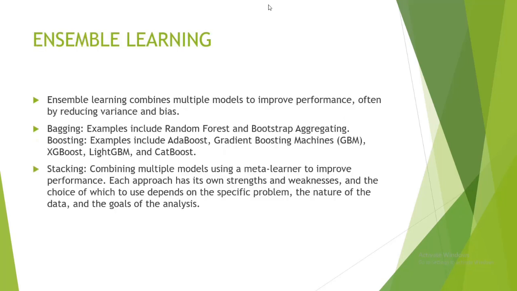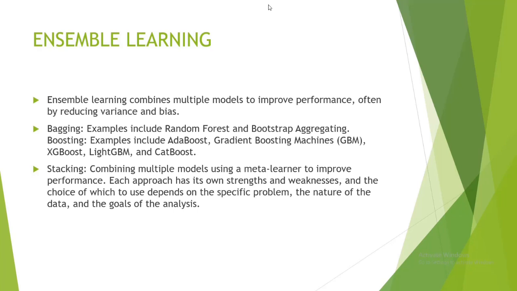The next one, ensemble learning. Ensemble learning combines multiple models to improve the performance, often by reducing variance and bias. Bagging and stacking are examples of ensemble learning. Bagging examples include random forest and bootstrap aggregating.